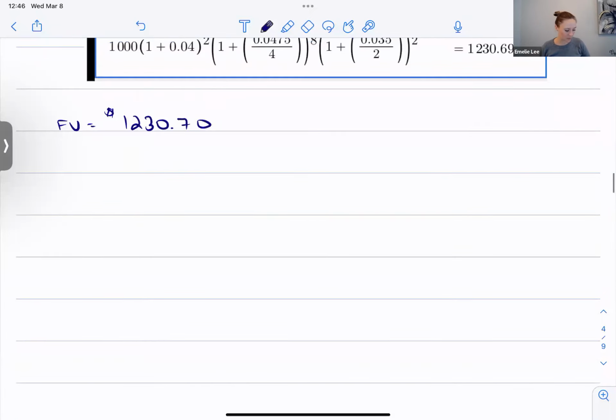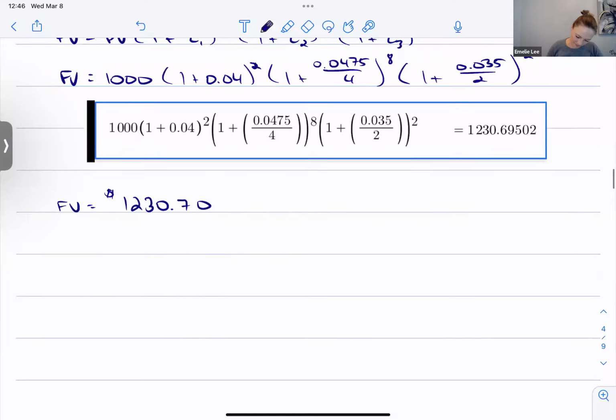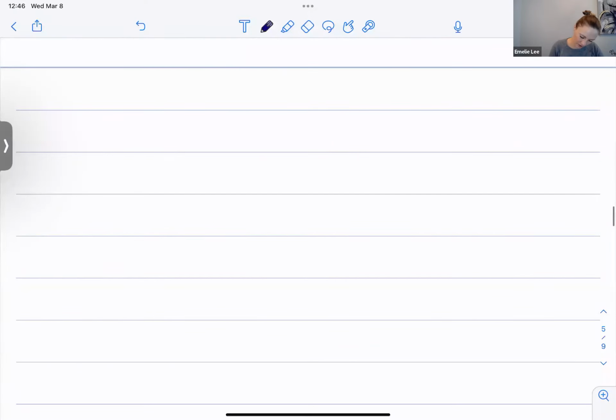So let's just see here. Maybe I'll start it on a new page. 5.7. Continuously compounded investments.